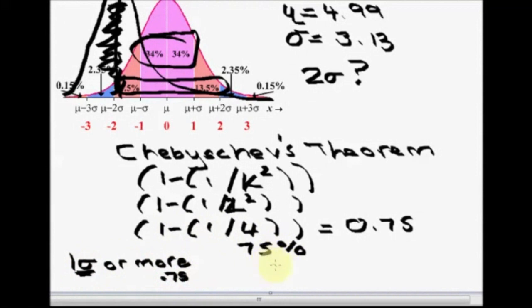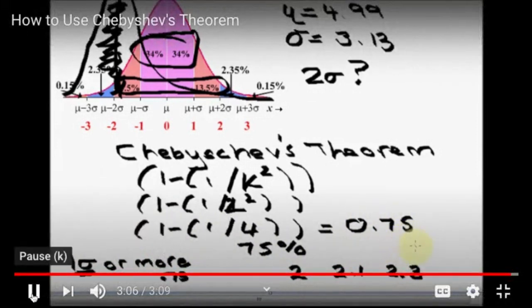The second reason why you can't use Chebyshev's, if your z-score is more than k, in other words, if k is 2 and you have a z-score of say 2.1 or 2.3, you can't use Chebyshev's theorem. Or you could, but you'll get an answer that just doesn't make any sense. So let's say to use Chebyshev's theorem, statisticshowto.com for more.